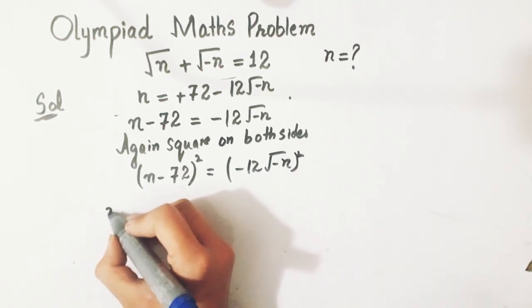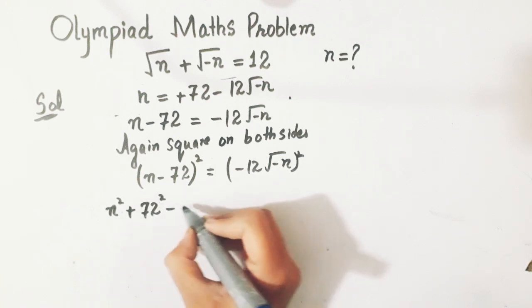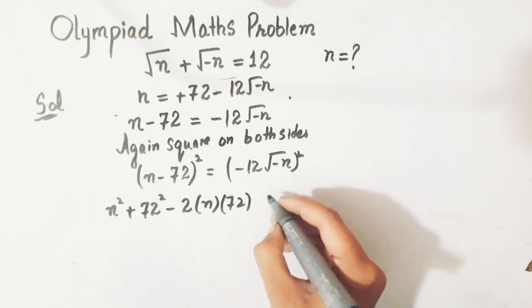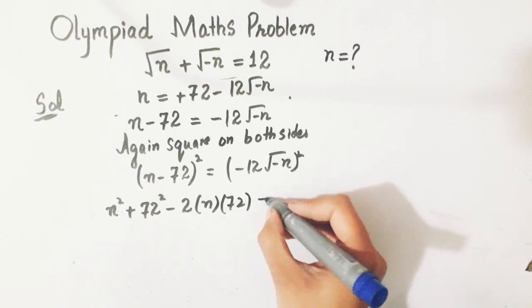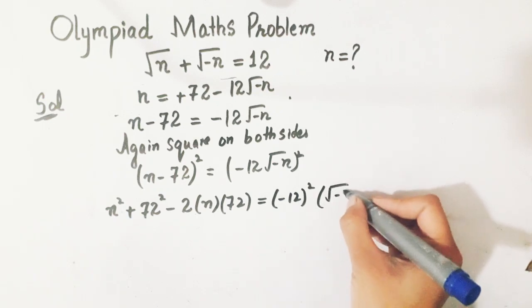So this will become n square plus 72 square minus 2 into n into 72, and from this side we have equals minus 12 square and the root of minus n square.